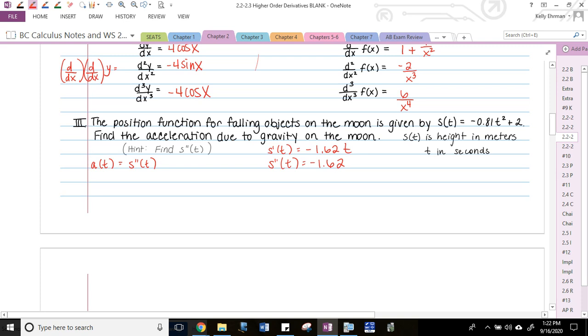And that's a constant acceleration. We don't have anything to plug into it. So A of t is negative 1.62. What would our label be on that? Originally we were in meters. Velocity would be meters per second. And so acceleration is meters per second squared.